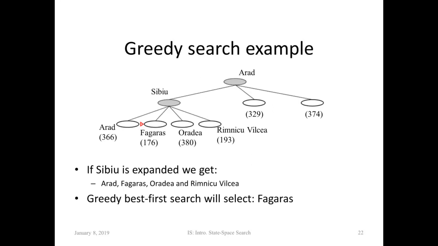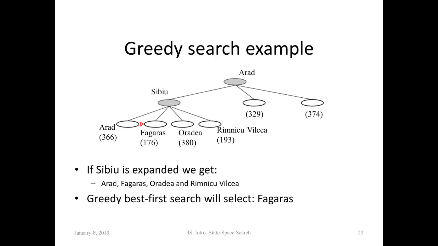So now we look up in the map again which are the places where I can go from Sibiu, and then I get Arad, Făgăraș, Oradea, and Râmnicu Vâlcea. These are just the places where I can go from Sibiu according to the map.